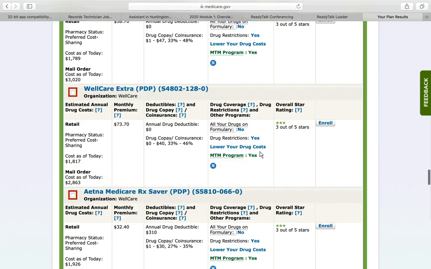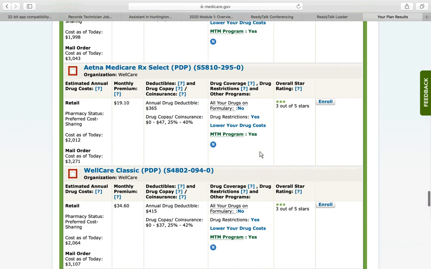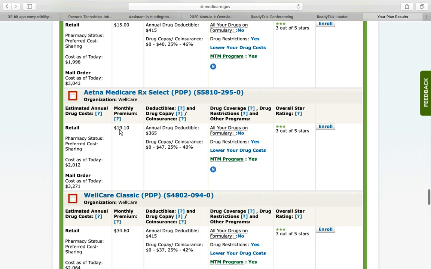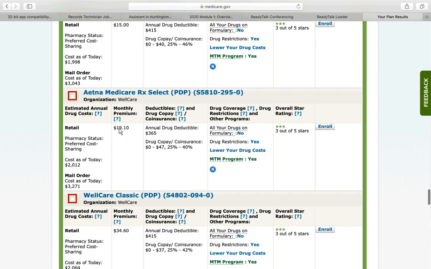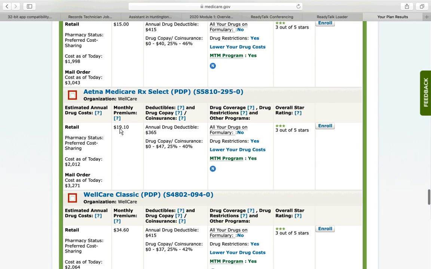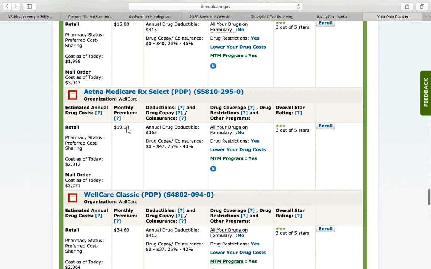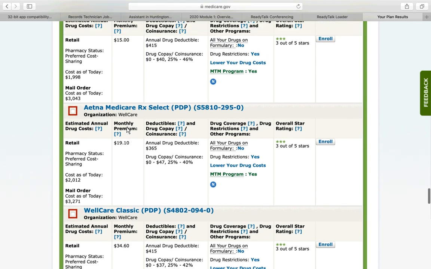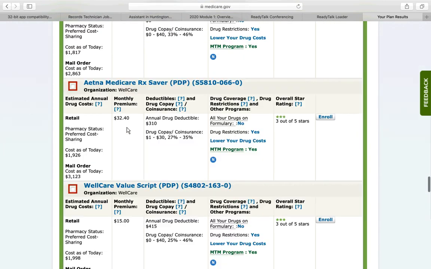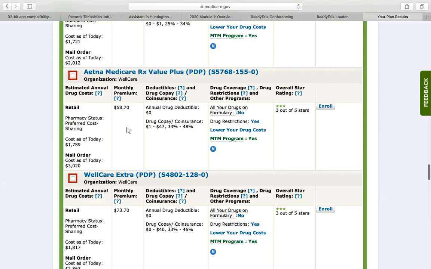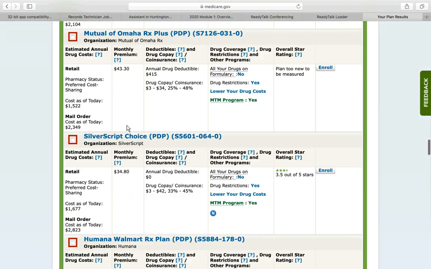This Aetna Medicare RX Select plan seems to be pretty good. If you notice, the premium's only just over $19 per month. I would say people tend to be pretty happy with this prescription drug plan. But there are several options here as well. So you definitely want to have at least 3 or 4 prescription drug plans available to you.